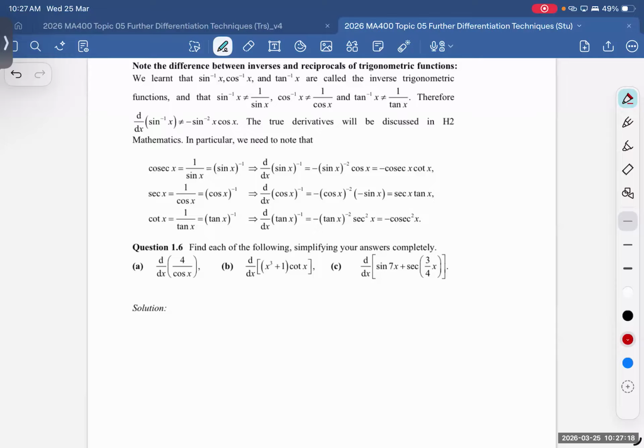Then 1.7. If you can reach 1.7 by this time, it's very good.